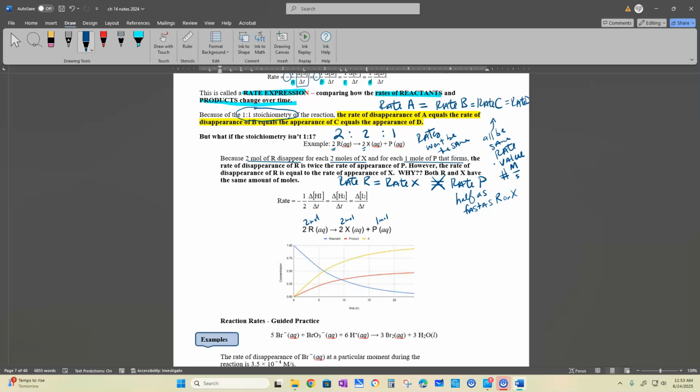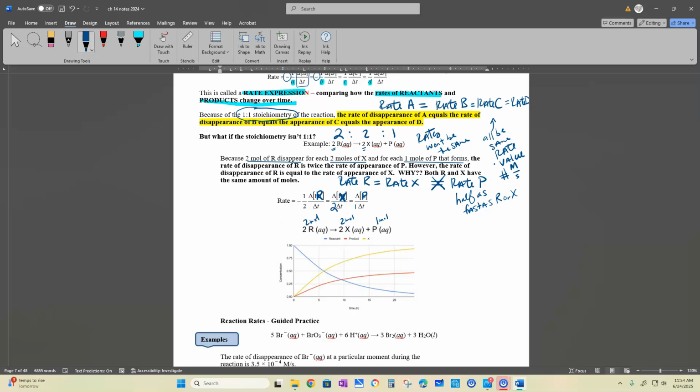So when you write a rate expression, that 2 for the reactant, you just put it at the bottom, and that should say R. And then this X, because remember, they all equal each other, you put the X right there, but then you put a 2 in the denominator because of the coefficient. And then that P, well, I have a coefficient of 1, so then it's just a 1.